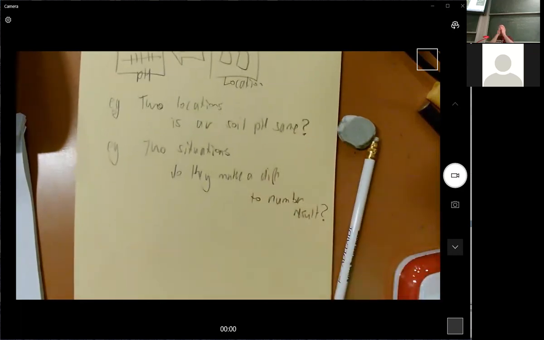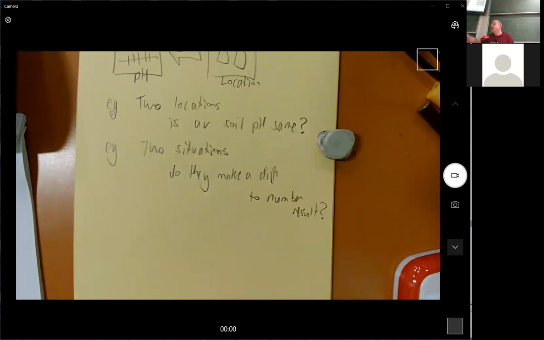You know, there's lots of ways that you can pitch it, and there's many things that happen. But the idea is that that's the idea. There's 2 different situations, and does it make a difference to the number result? And what that means is that you're going to have subjects which have numbers recorded about them, and also what situation you recorded that number in is going to be recorded too. And the situation you're in is a category, and the number is a number.